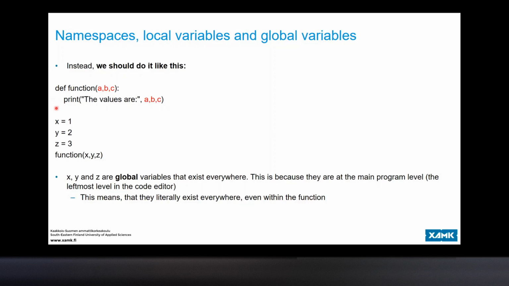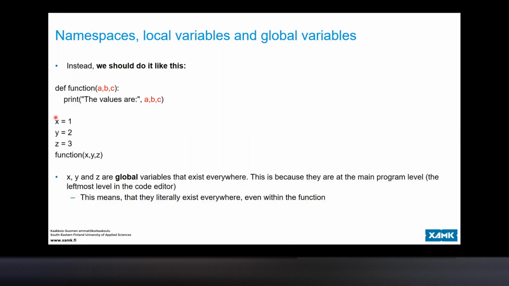Everything that belongs inside a function is of course indented to the right like this. And it's said that this function's namespace is whatever is within this indentation. But X, Y, and Z, on the other hand, do not belong to the namespace of any function.